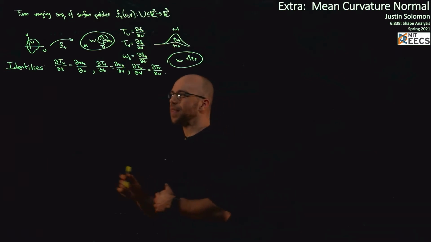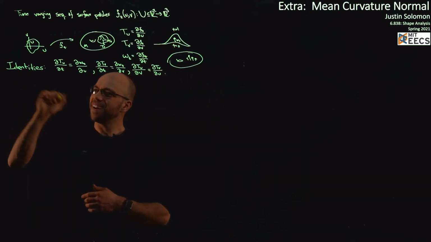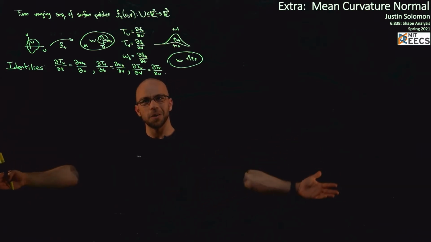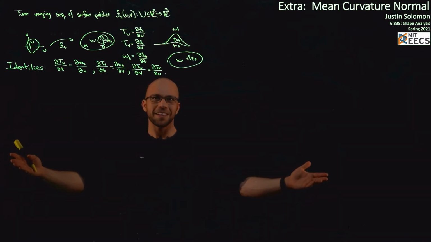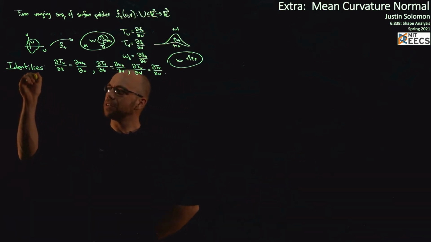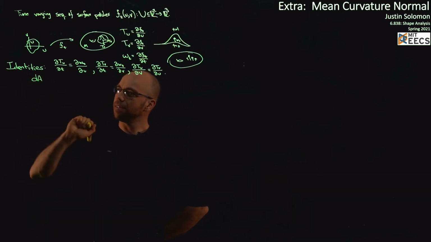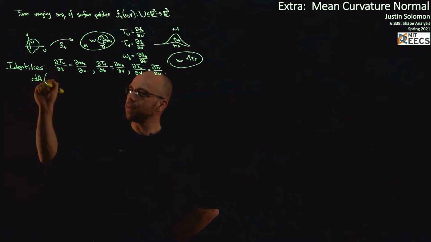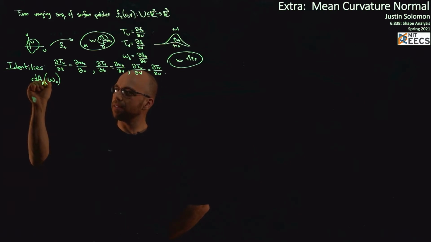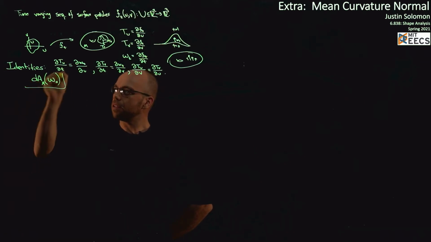So if we think of area as a function that goes from surface into a real number, for every surface there is a surface area. Then the computation that we're going to want to do today is to look at the derivative of area at the surface M in the W0 direction.